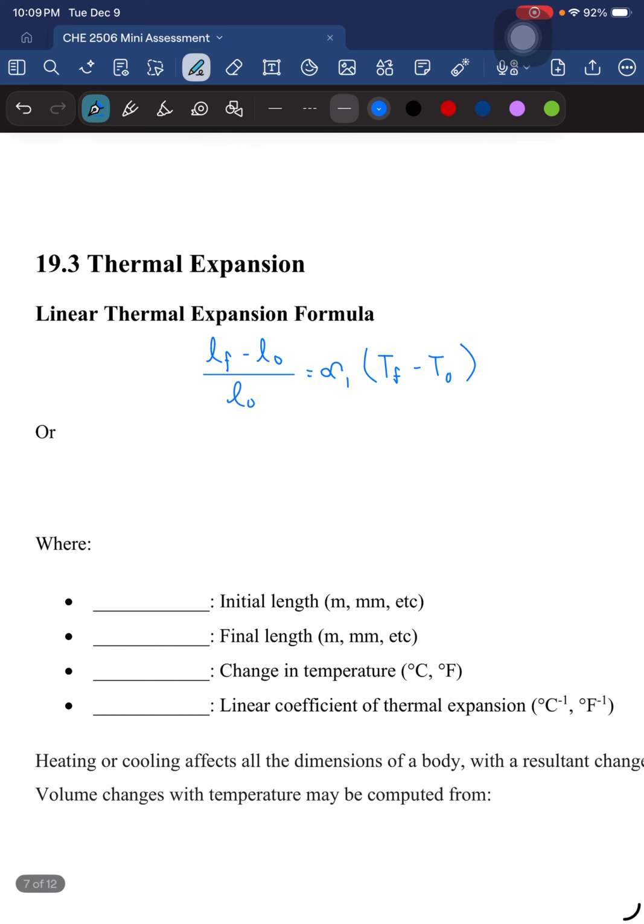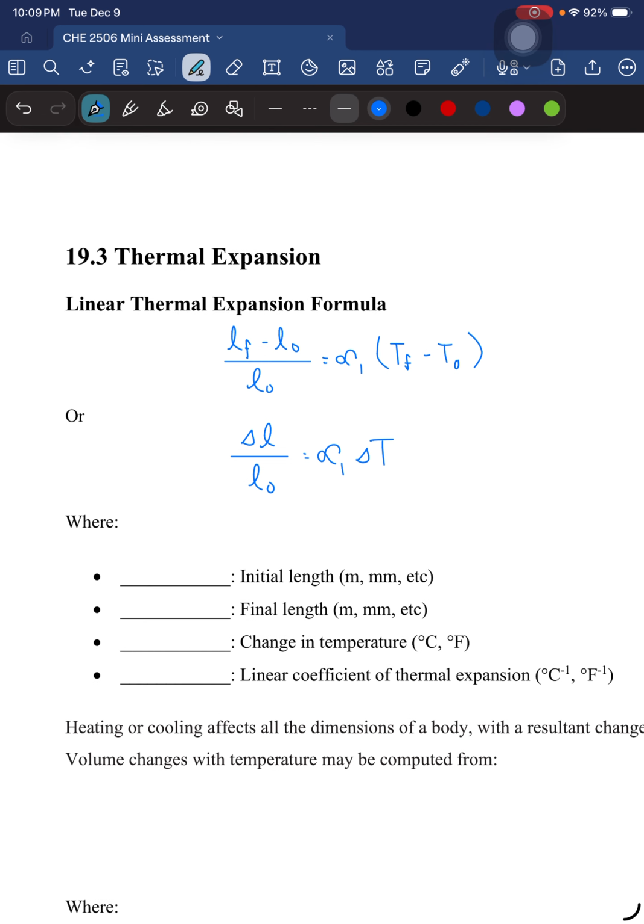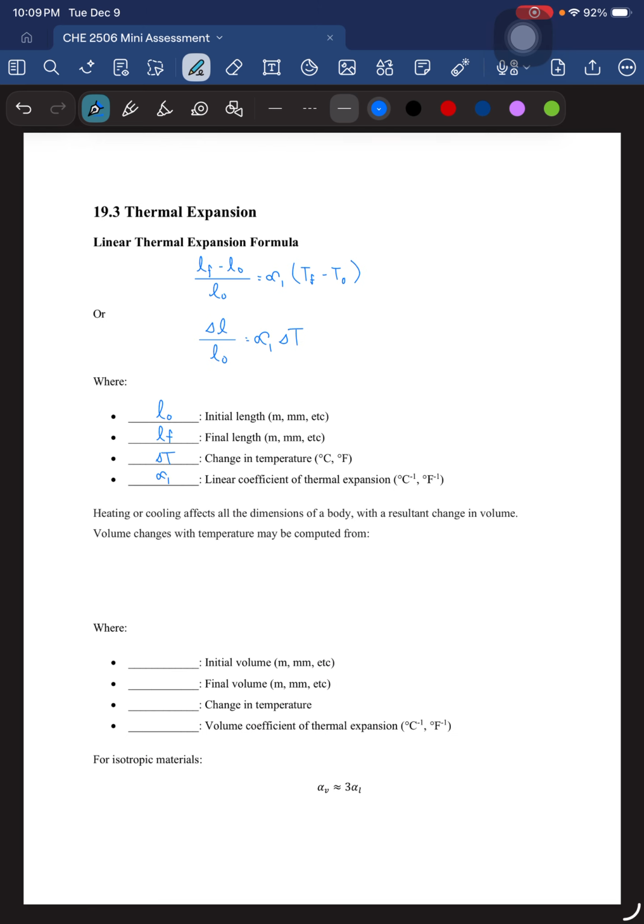So really, we could write this formula as delta L over the initial length equals alpha L times delta T. So we have your initial length, your final length, your change in temperature, and alpha L is your linear coefficient of thermal expansion.